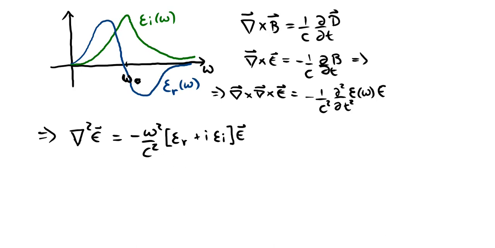So let's try a solution for this that is in the form of a wave, but with a term that would be an evanescent term. So this would be E0 of omega and e to the i, now I'm going to say that I have a wave vector, k of omega, plus an i kappa of omega, and the light is going to be polarized in the z direction, so I have only a z direction here.